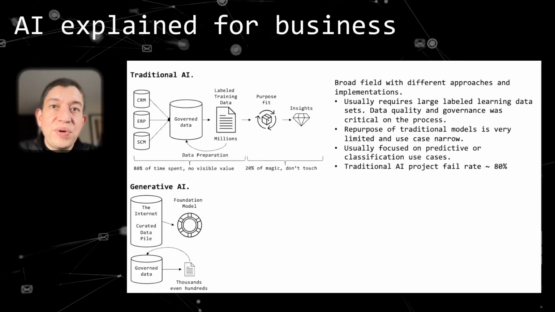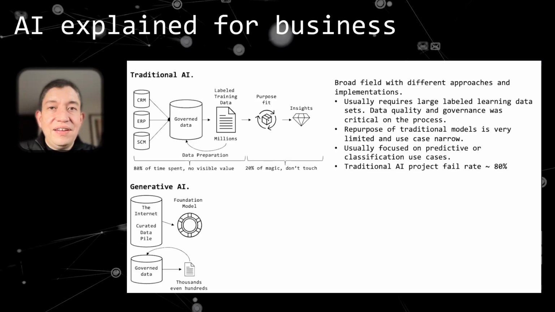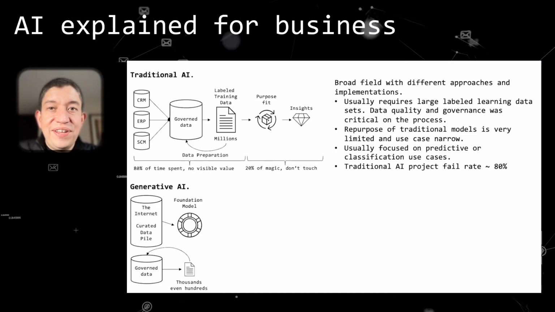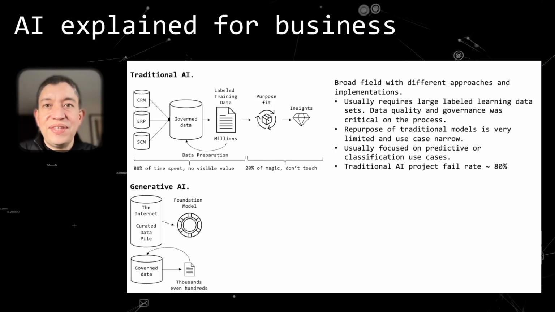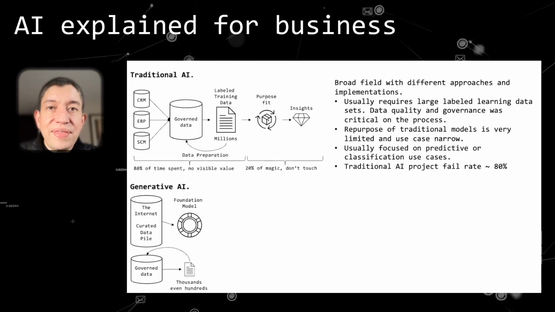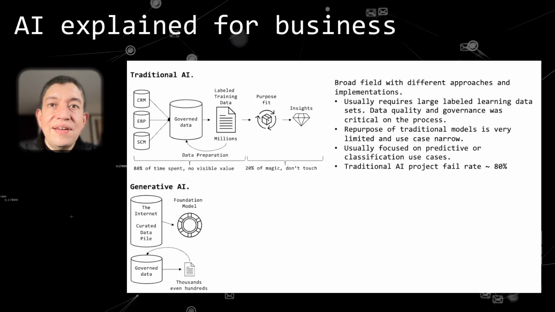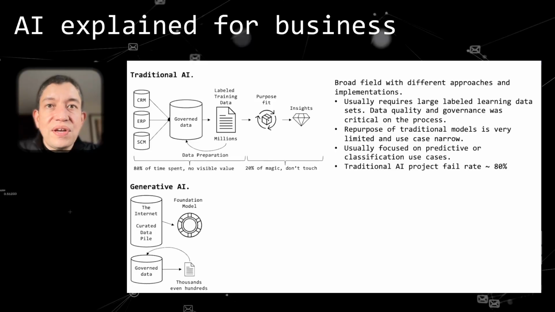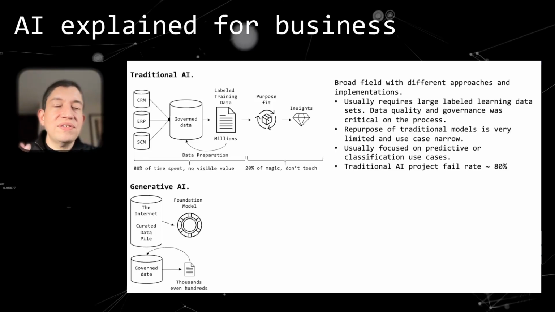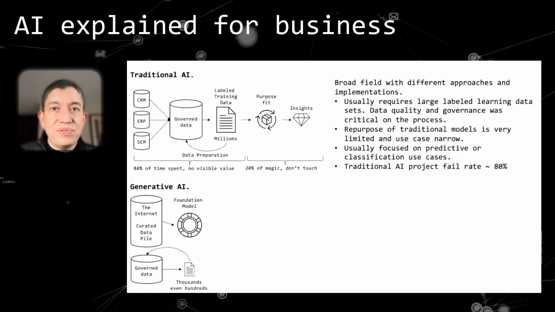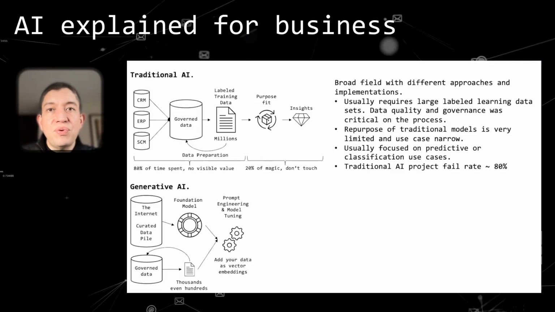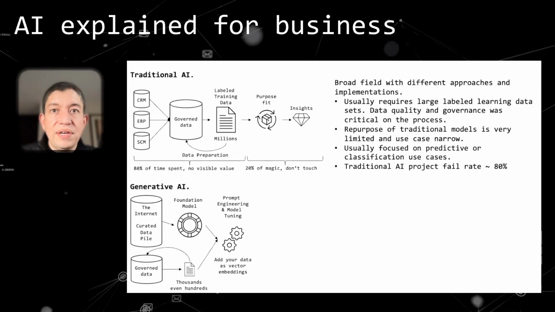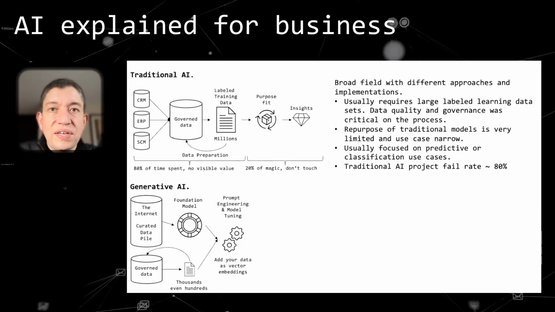And then the challenge was, how do you get your data? Which, as you can see clearly there, you no longer need millions of data rows. It could be thousands or even hundreds. And with even hundreds of well described examples, you could build through mechanisms such as prompt engineering or model tuning.